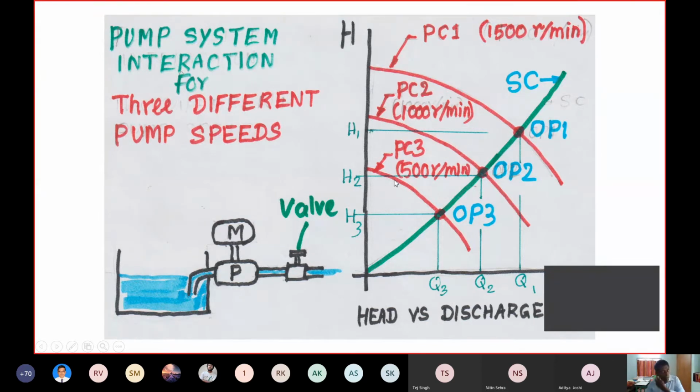The next one is for 500 RPM. Now you have the intersection points. The first operating point 1 gives you a head H1 and a discharge Q1. At the second one, you will get a reduced discharge and a reduced head. At the third one, you will get a further reduced discharge and a reduced head.